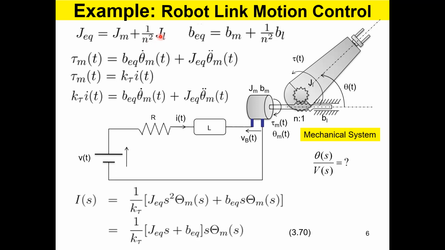So how much of that is seen from the motor side? Again, the damping of the load, BL divided by N squared, if it is a reduction gear. Now that is done, both equivalent inertia and equivalent damping.